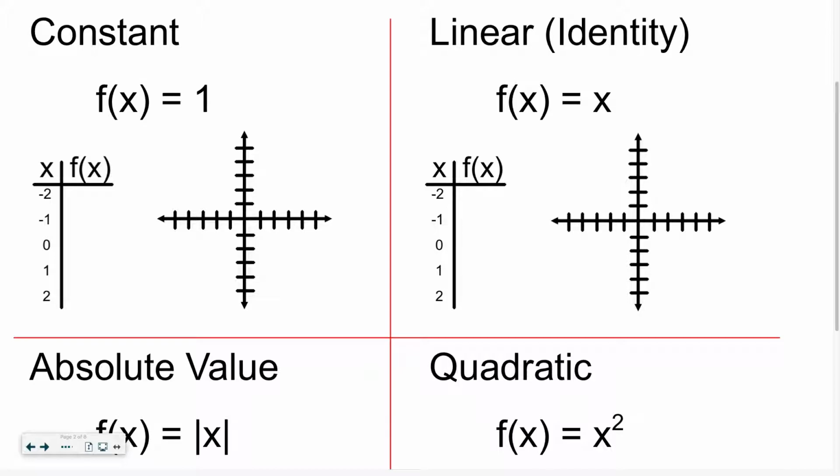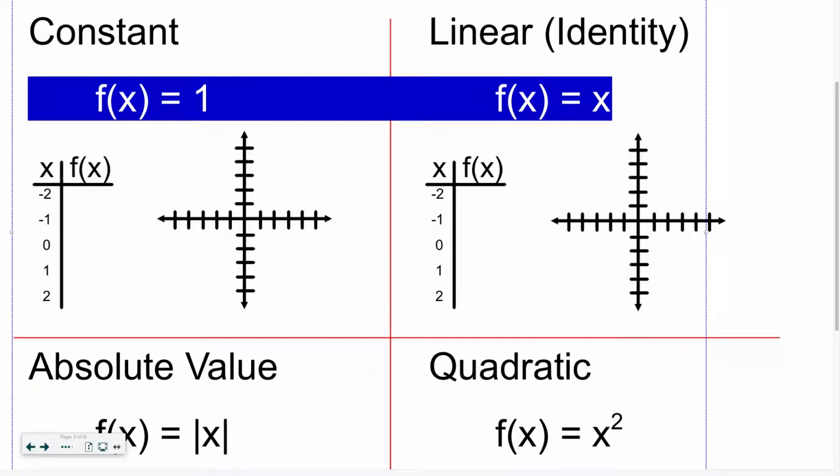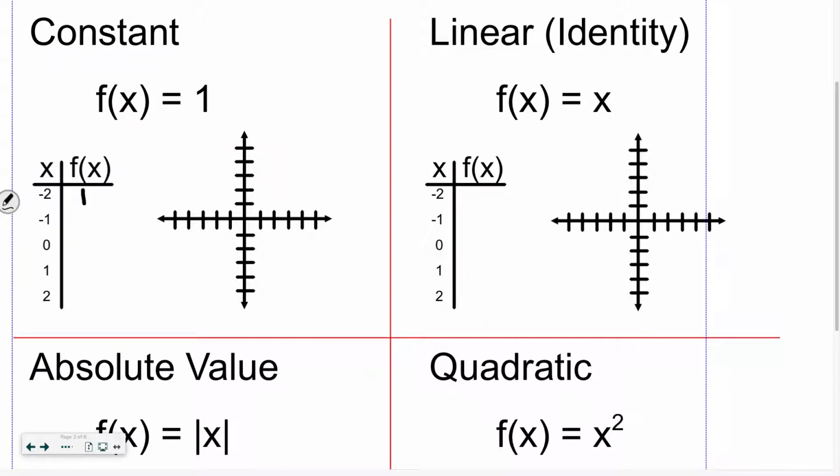So now, if I put in -2, what am I going to get out? One. What if I put in -1? Get out 1. Constant. Constant. Okay, so work with your groups and do all 4 of those families.